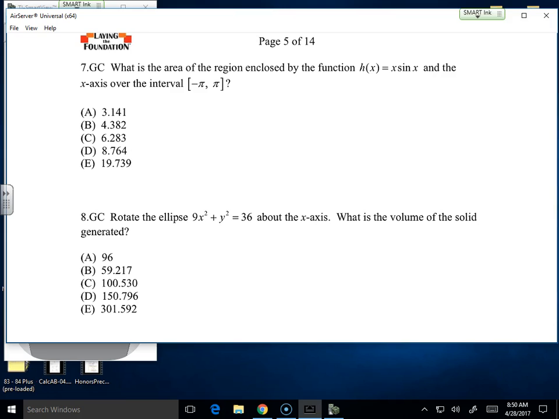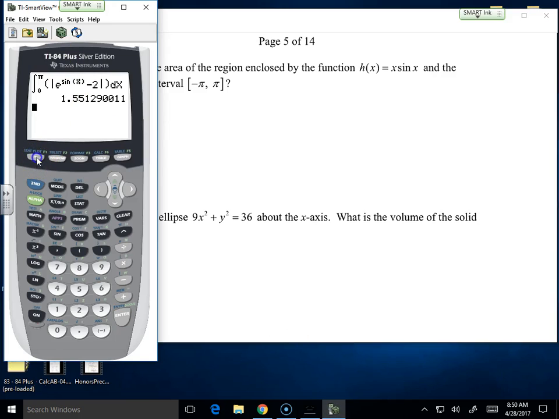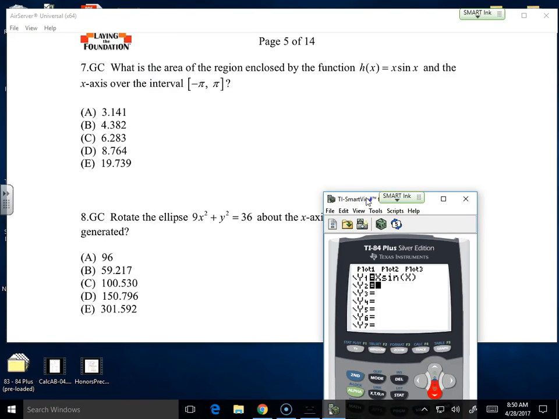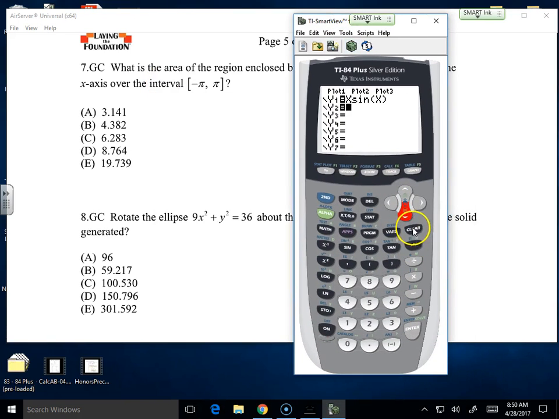Go get that graph. Wait a minute. How do I think about the x-axis? What does y equal? Isn't it just 0? Oh, sweet.